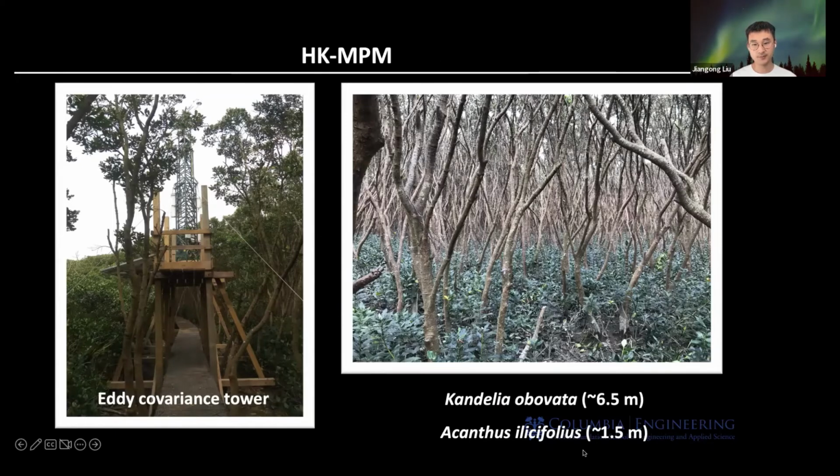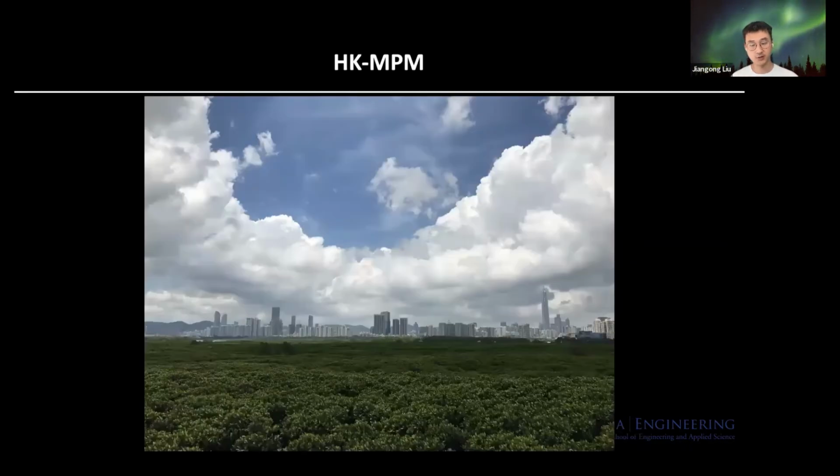The major trees at this site are Kandelia obovata, a typical Asian mangrove species, and the dwarf mangrove on the ground is Acanthus ilicifolius. This picture shows the view from the top of the site. Because the eddy covariance technique favors a flat canopy, this site is quite ideal for eddy covariance measurements.